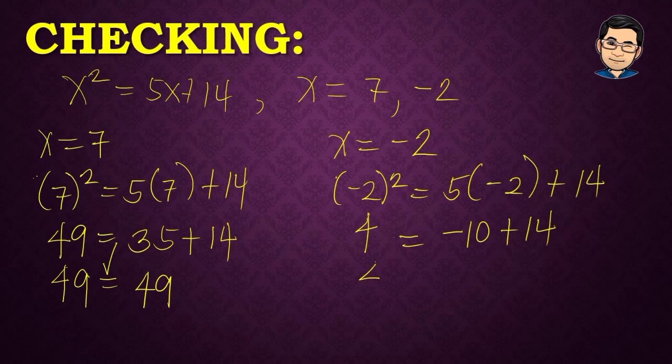So 4 equals negative 10 plus 14. So, unlike signs sila, subtract natin 14 minus 10, 4. And then follow the sign of the bigger value, 14, which is positive. So 4 equals 4. So our roots are 7 and negative 2.